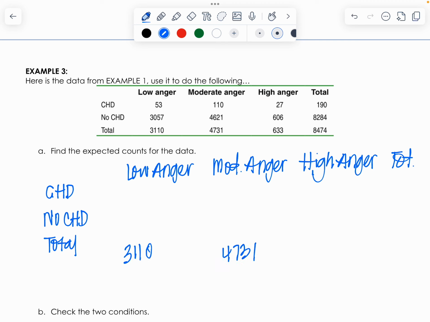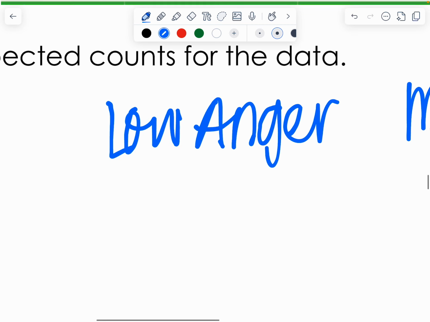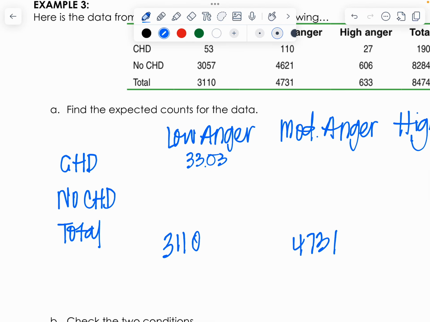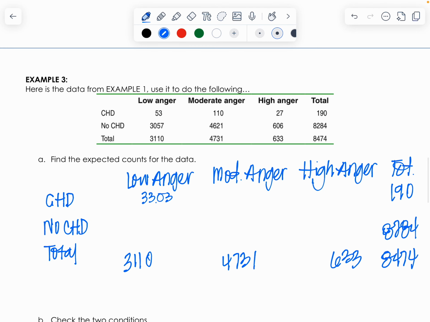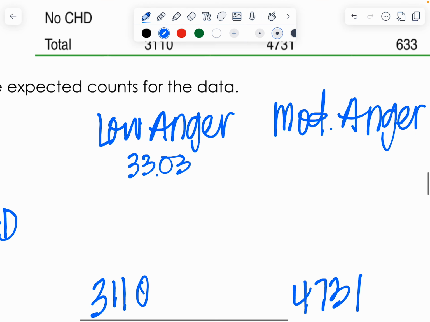The totals are 4, 7, 31, 6, 33, so 84, 74, 190, and 82, 84. So now we calculate. If I do 190 times 3110 divided by table total 8474, I get here 33.03. We know that must add up to 3,110, so I'll do 3,110 minus that to get 3,076.97.